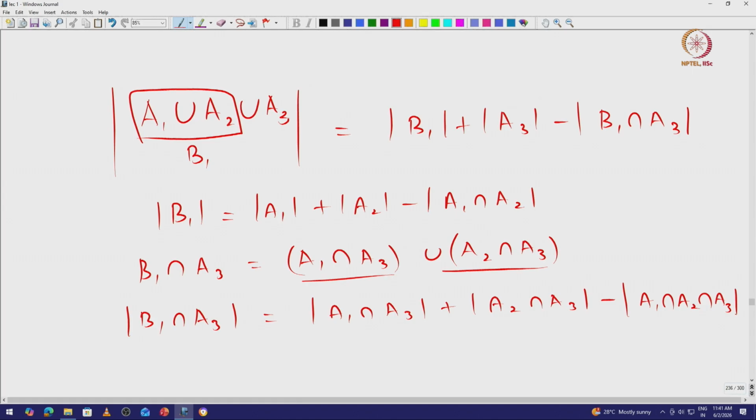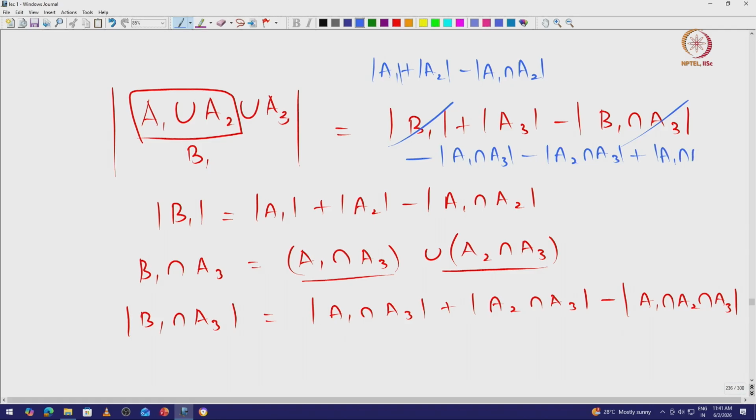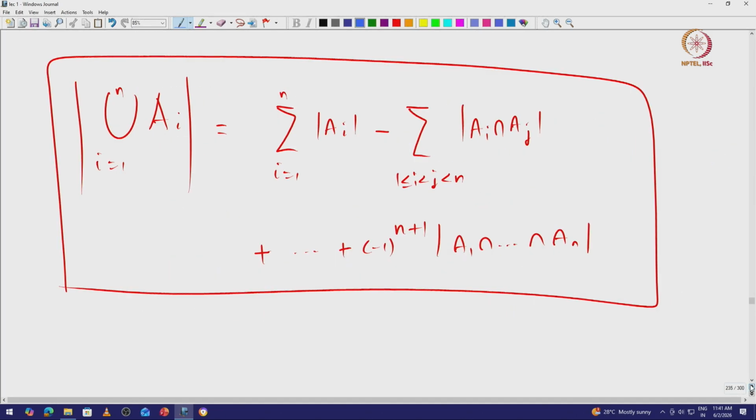If we plug back into the original equation, what are we going to get? This will be replaced by cardinality of A1 plus cardinality of A2 minus the cardinality of A1 intersection A2, and then this will be replaced by minus the cardinality of A1 intersection A3 minus the cardinality of A2 intersection A3, and then plus the cardinality of A1 intersection A2 intersection A3. Now you can go back to the original formula and see that we have exactly the same thing.